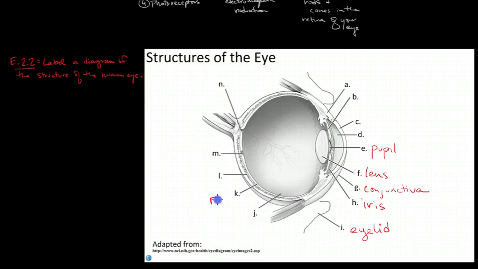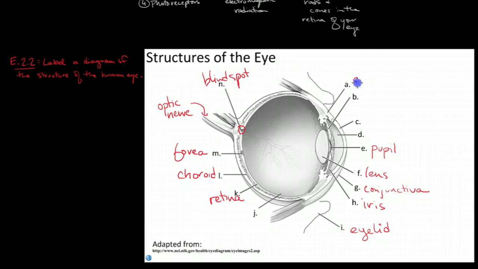We've got the retina, which we'll focus in on in just a moment. Back here, which is where the rods and cones are, the photoreceptors. We've got the choroid, the fovea, and this doesn't have a label to it, but this is the optic nerve. This is the blind spot, because there is no retina right here, because that's where the optic nerve hits the eye.